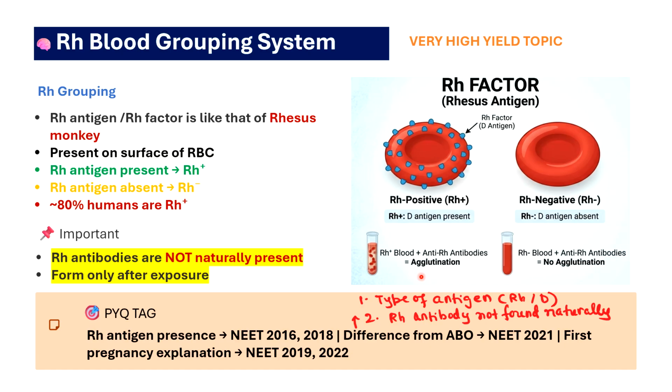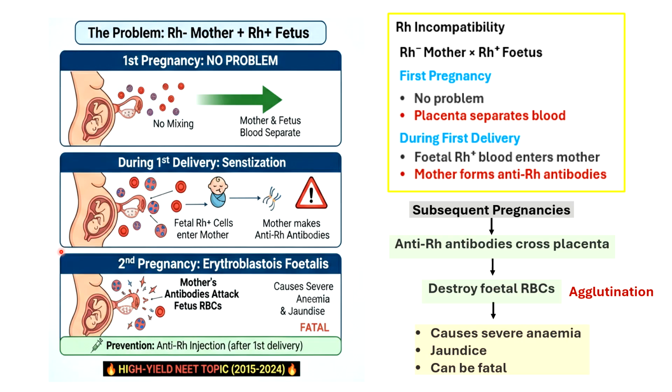Let's now see what is the relevance of the RH blood group with respect to pregnancy. This is a very high-yield topic, that is RH incompatibility. Here, let's say an RH negative female marries an RH positive male, and the fetus which she conceived is RH positive.